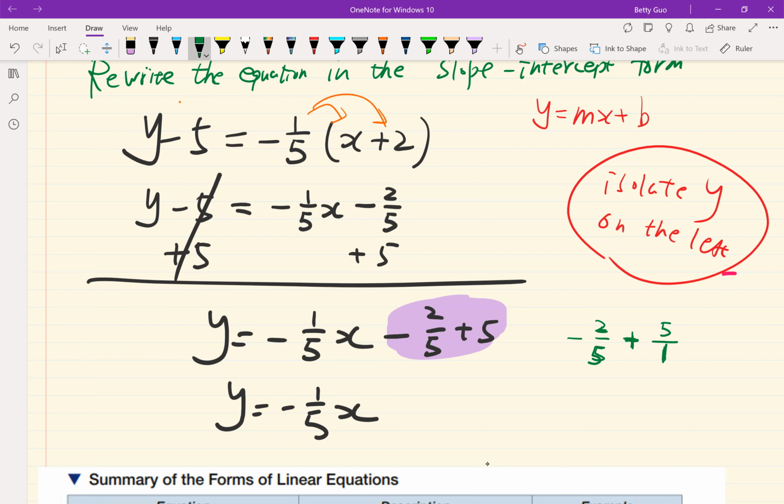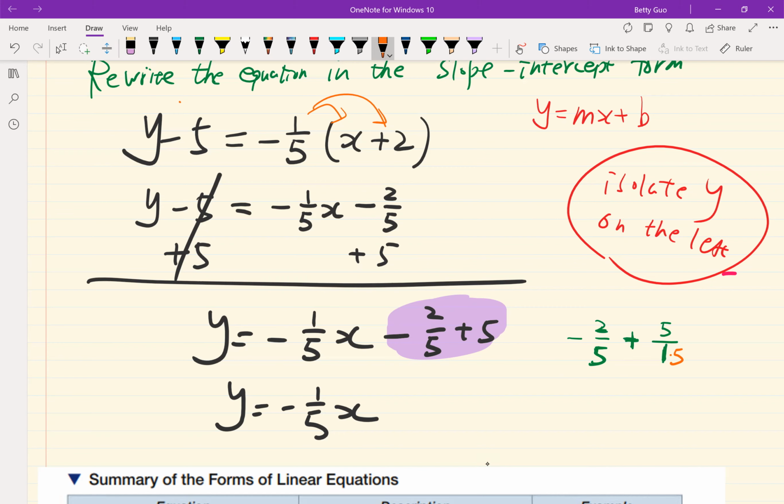And the two denominators are different, 5 and 1. What's their least common multiple? LCM. Yeah, we did spend a lot of time to understand GCF, LCM, because we use them in fractions, right? What's the least common multiple of 5 and 1? 5, very good.